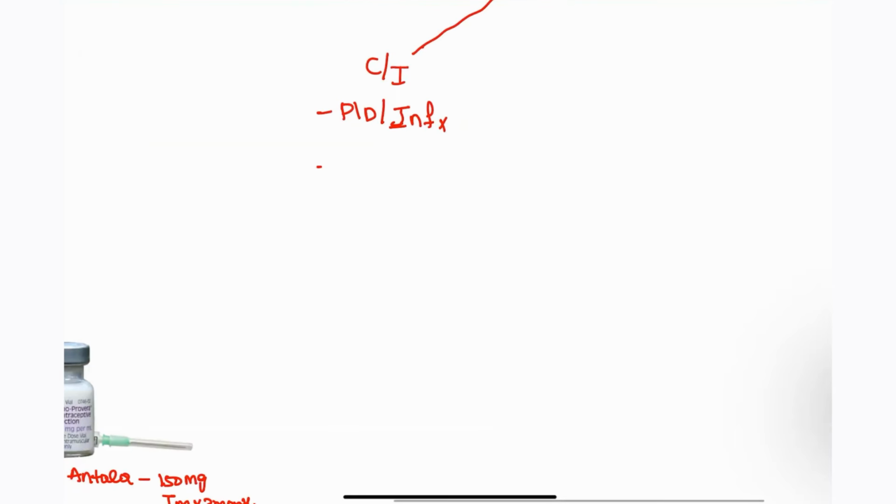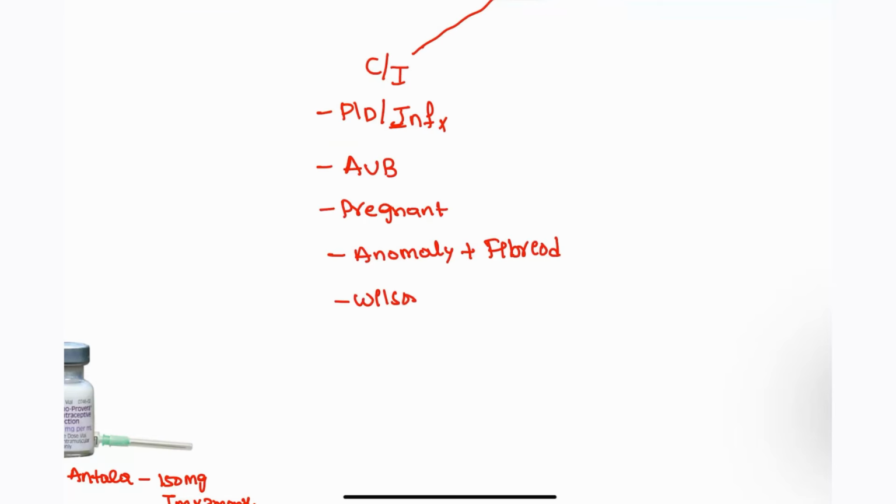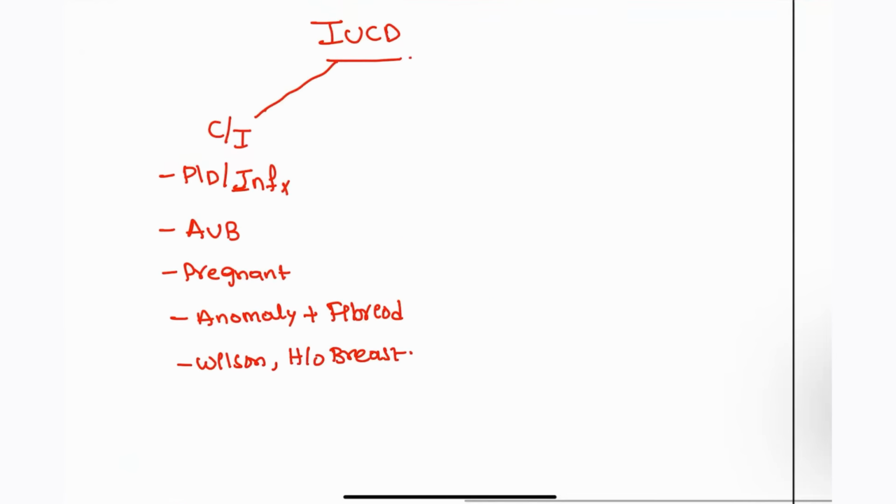Next, unexplained bleeding, or AUB, abnormal uterine bleeding. Also if the patient is pregnant, has a uterine anomaly, has a large fibroid, is suffering from Wilson's disease, or has a history of breast cancer, hormonal methods are not given. Next, relative contraindications.